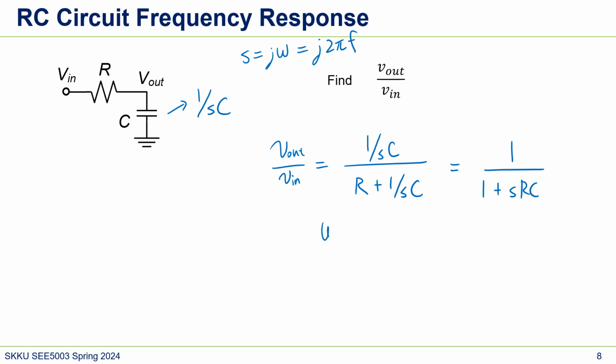So our pole frequency is minus 1 over RC.